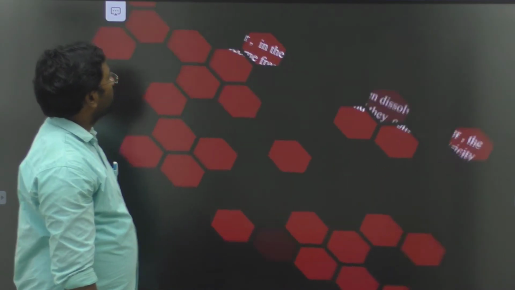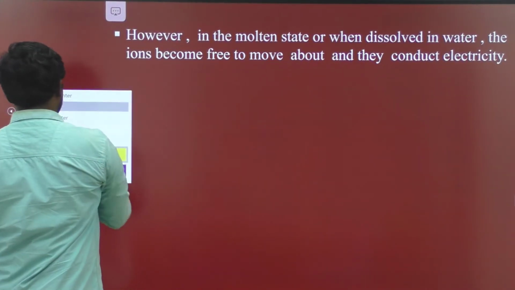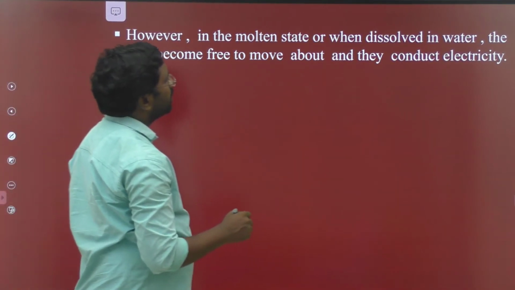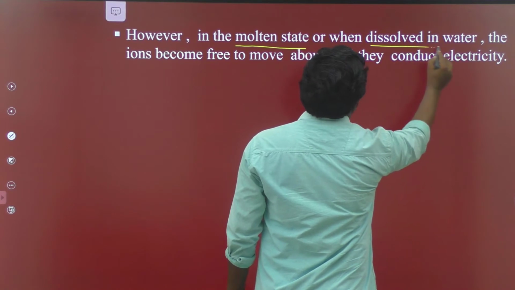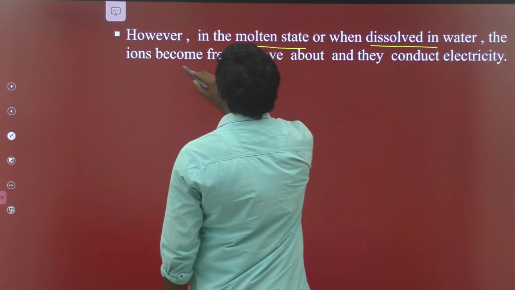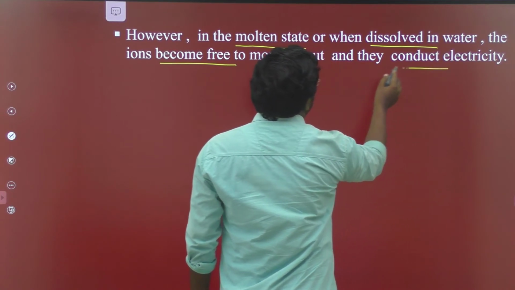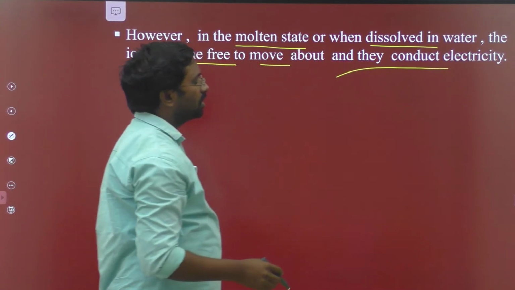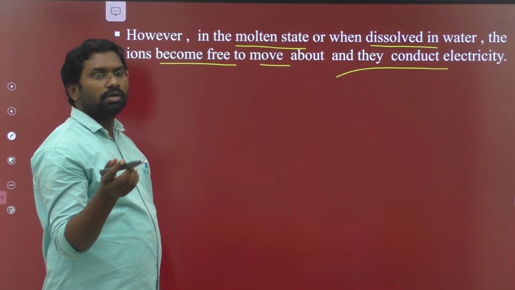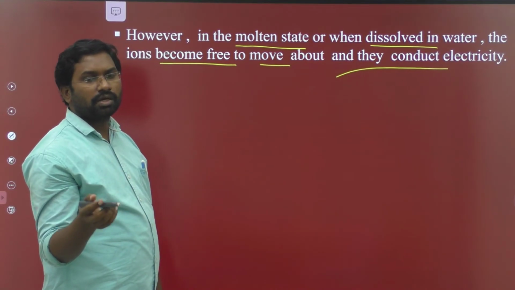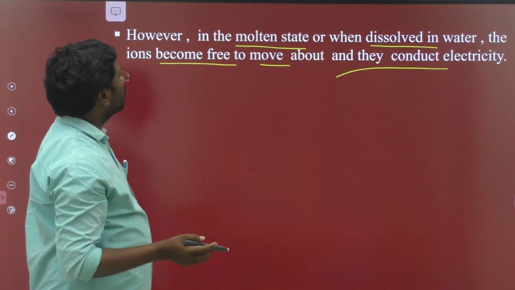The next property of ionic solids is that, however, in the molten state or when dissolved in water, the ions become free to move about and they conduct some electricity. This is the conductance of ionic solids: in the solid state they do not have any free ions, so they act as insulators.